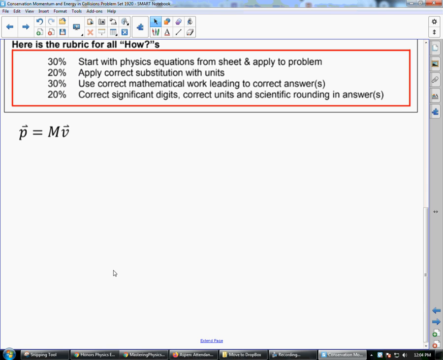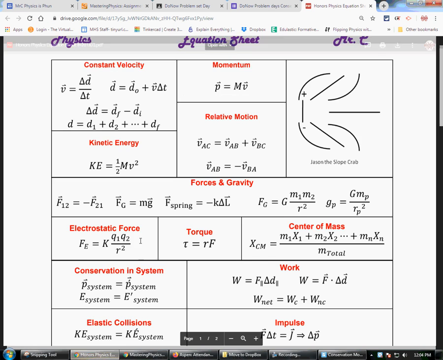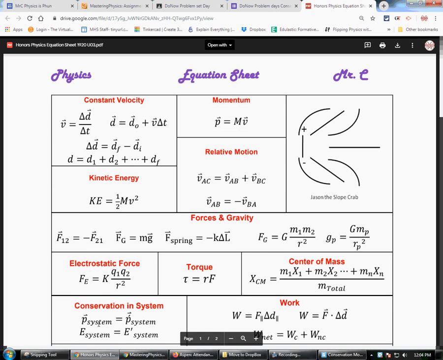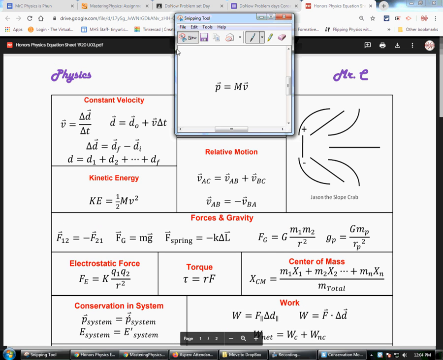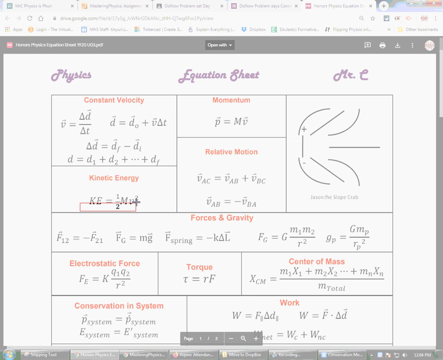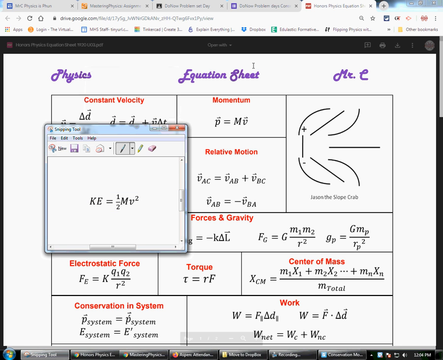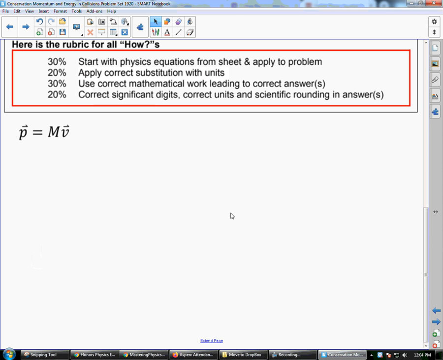And since the problem is about kinetic energy, I'm going to go out on a limb and think I need the kinetic energy equation. And we'll just put those up there.